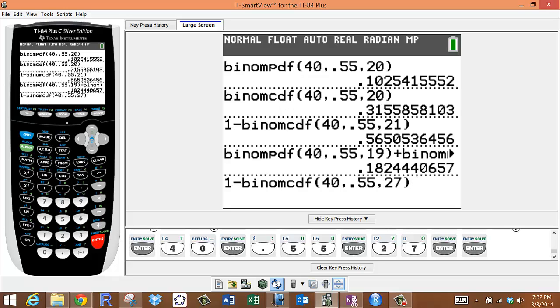So 1 minus the probability from 0 up to 27 gives us the other probability, 28 all the way to 40, and that's what we want.